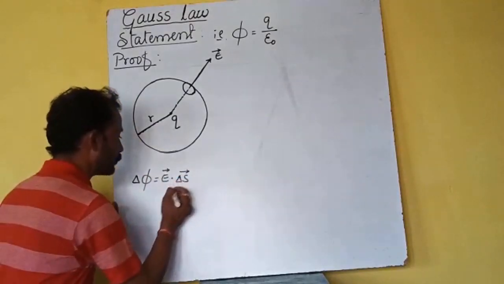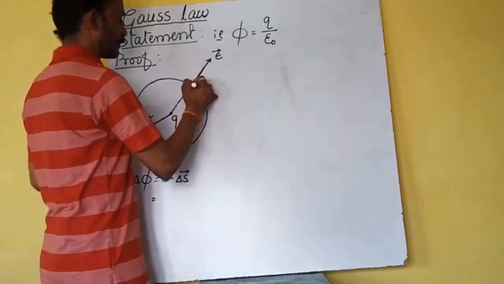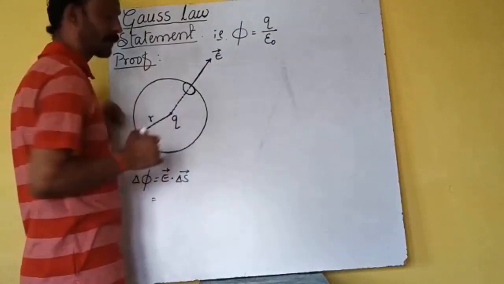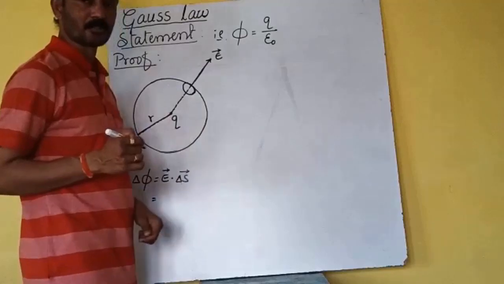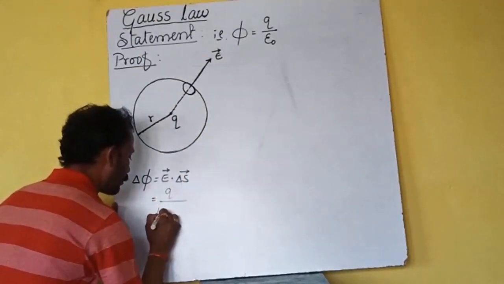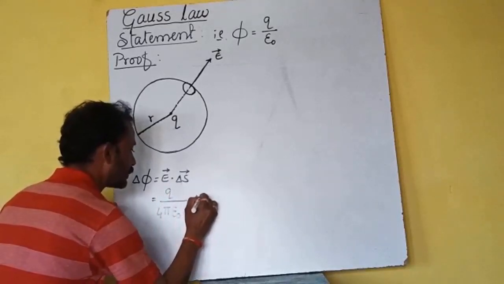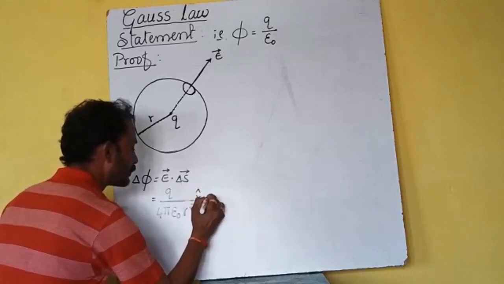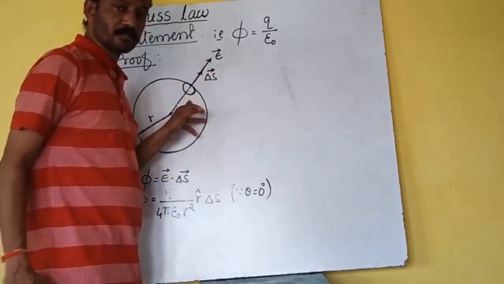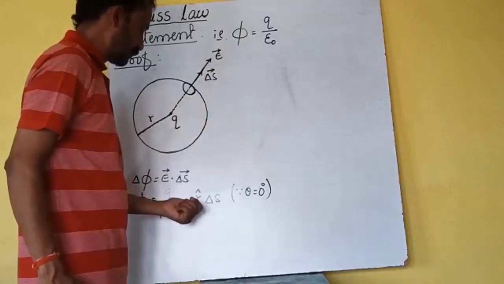The electric field at a point on the surface of the sphere at a distance r from the charge q at its center is given by q divided by 4 pi epsilon naught r square into r cap. The area vector is along the normal to the sphere from the center of the sphere.